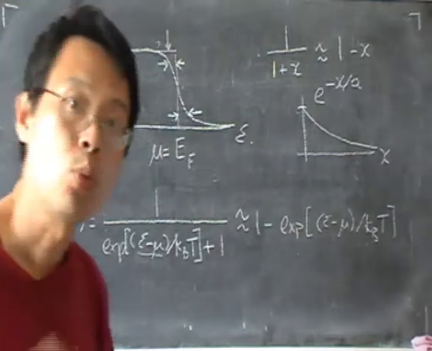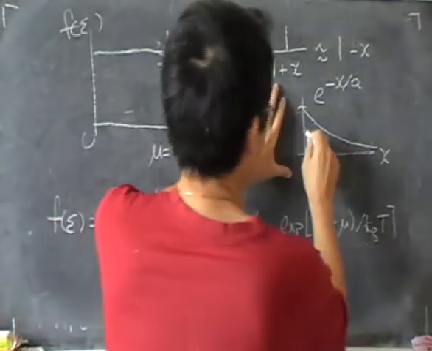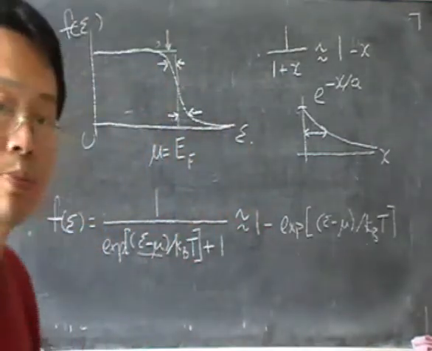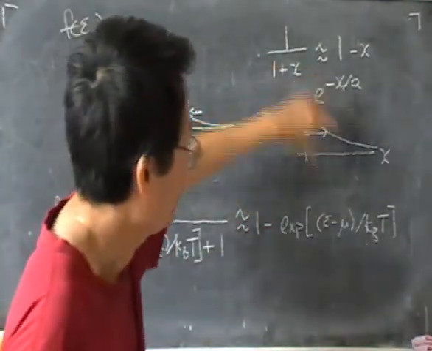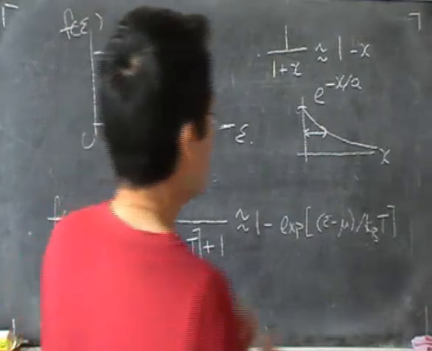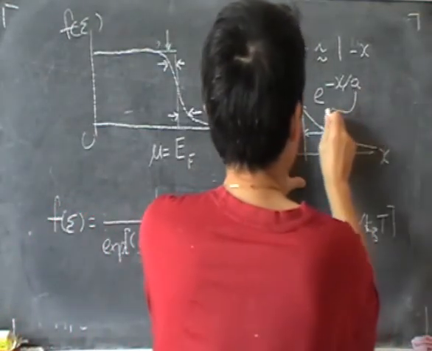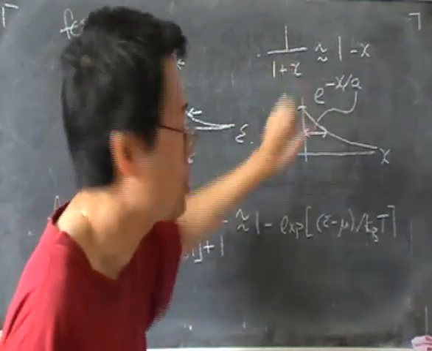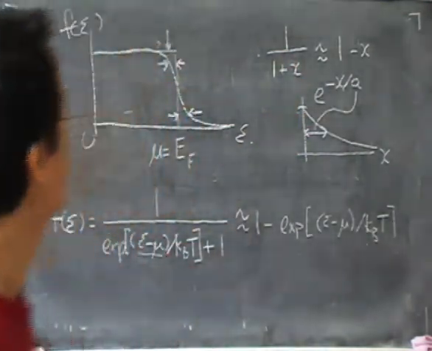And the average width of the curve, meaning this distance, the average value of x, would be equal to a. So that's what we know from the properties of an exponential curve.